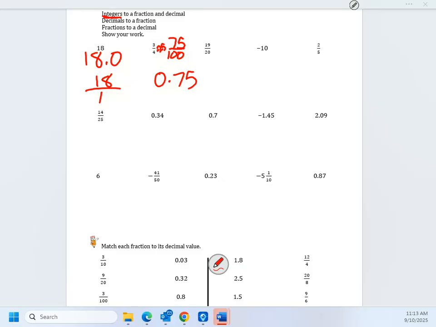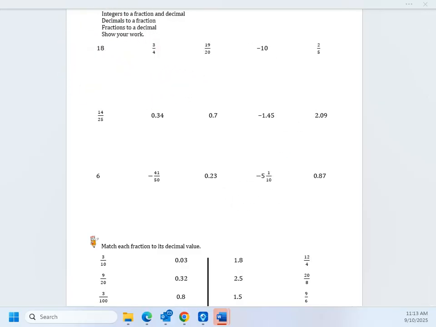Right, negatives stay with them. Remember, if it's a mixed number, turn it improper and then turn it into that decimal. Any questions on the top section?